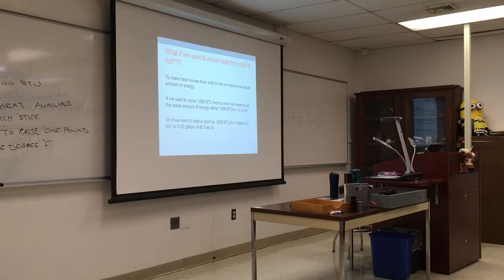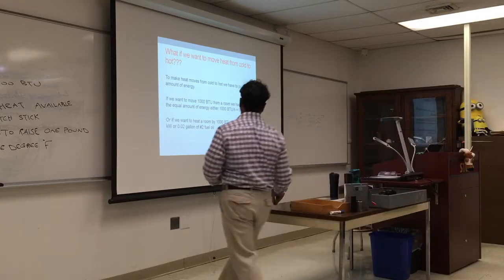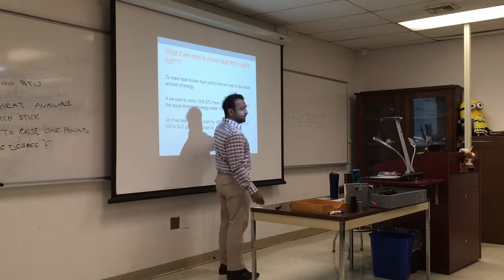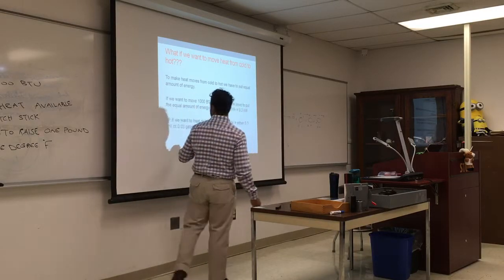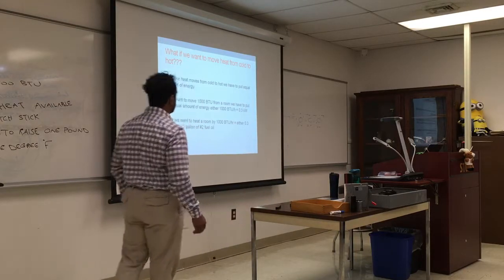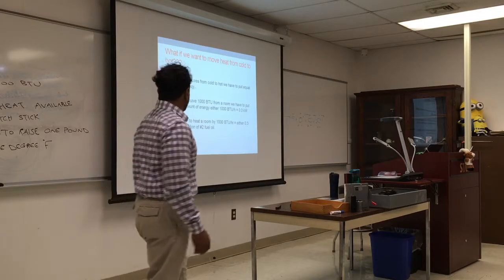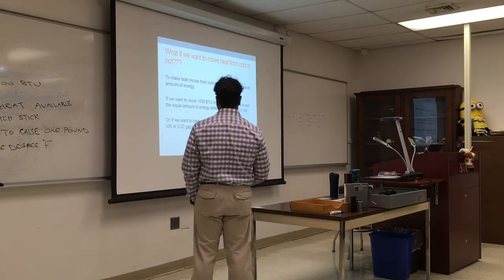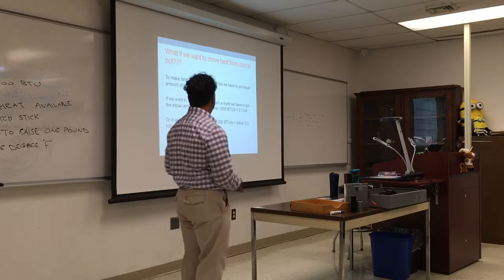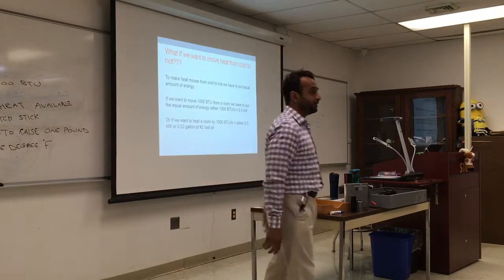So it's going to be a little bit higher. There are some losses. So you have to put an equal amount of energy into that cycle to pump that heat out. So if you want to heat the room by 1,000 BTU, either 0.3 kilowatts or 0.2 of a gallon of fuel oil has to be put in there.